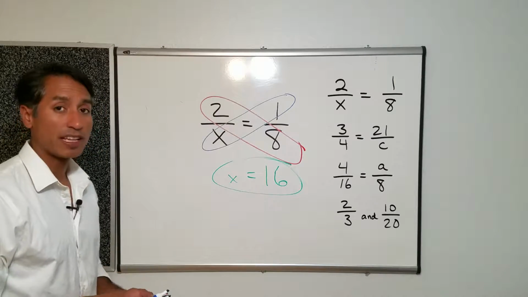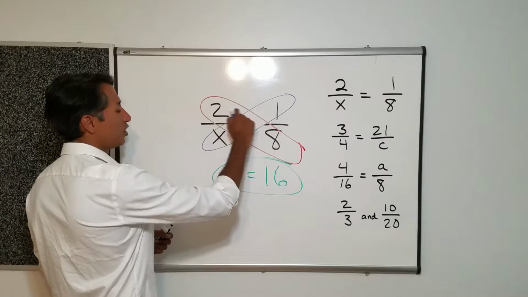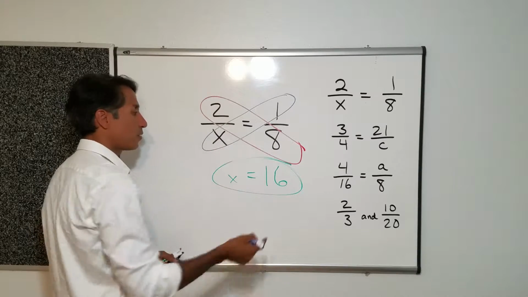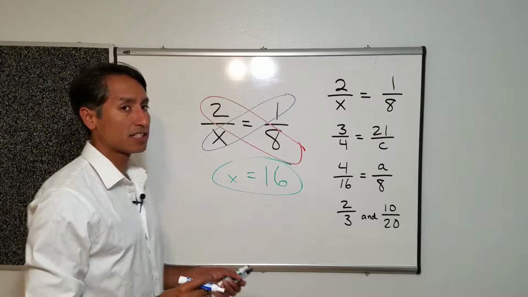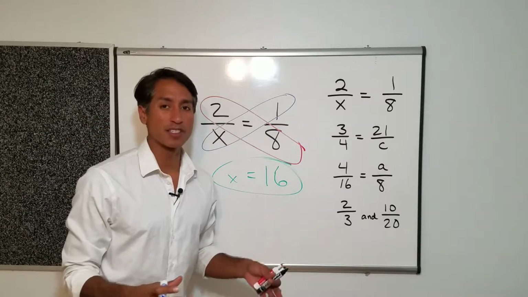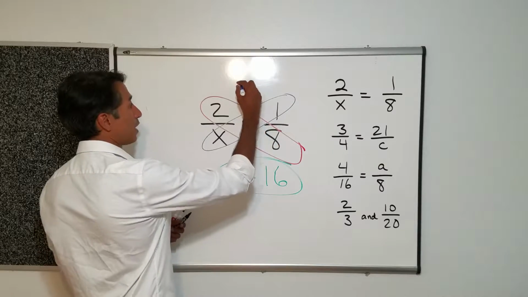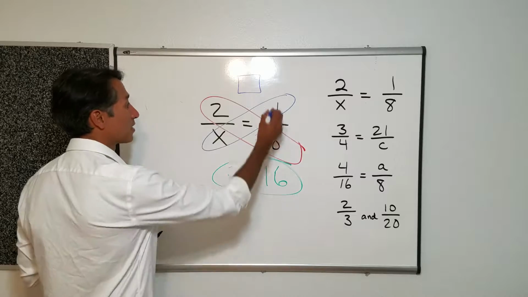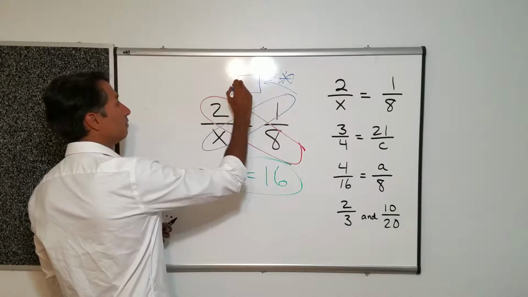Now, as I was saying in the beginning, you could just ask, what gets 1 to 2? Well, you multiply it by 2. And what gets 8 to this? Well, you multiply it by 2. I do other lessons on scale factors, and this is very similar. In class I even draw imaginary boxes. If you're going this way, we multiply.